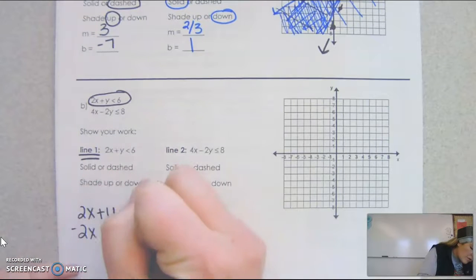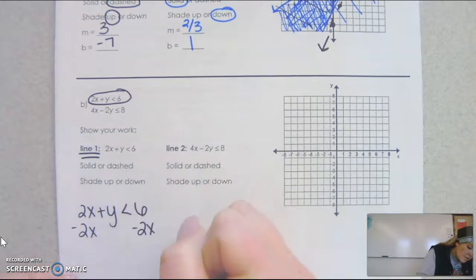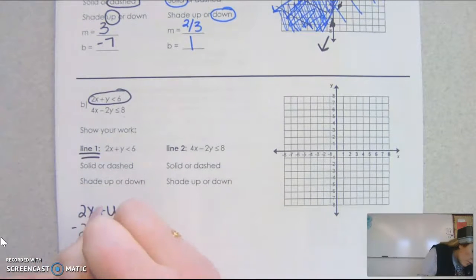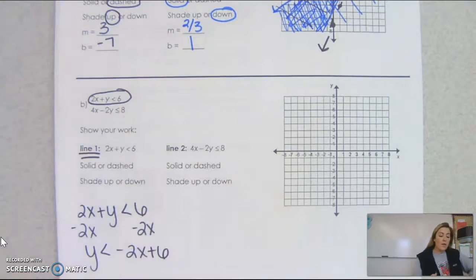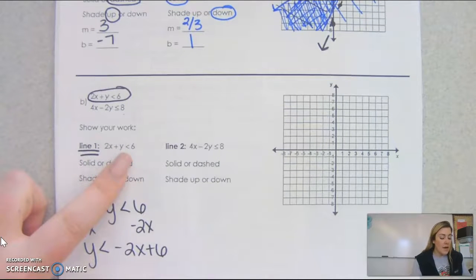I'm going to subtract 2x from both sides. So I have y is greater than -2x plus 6. Another way that you could do this is to use your intercepts. So you can plug in 0 for x and 0 for y to decide where you're going to put your points.